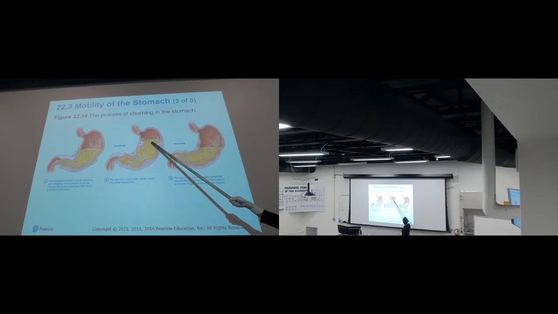So the food will be moving up and down between the fundus and the pyloric canal, and then you will have contraction of the circular layer and the longitudinal layer, and the remaining chyme, once it is completely mixed, will start to be also forced out from the stomach as the process repeats.